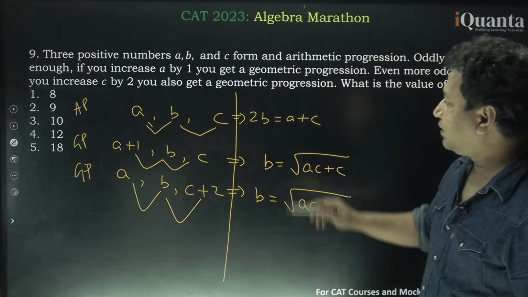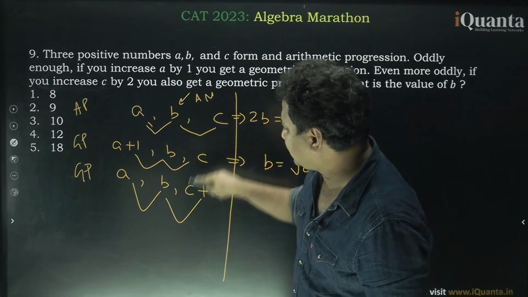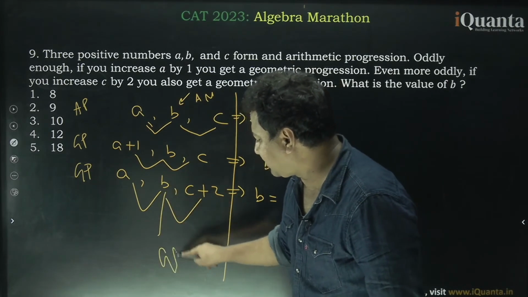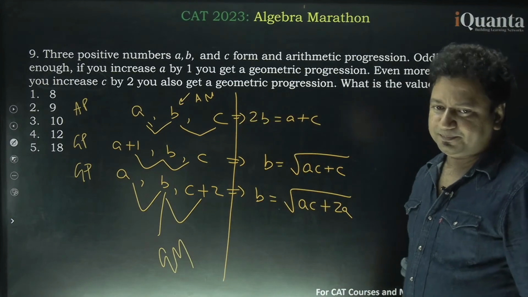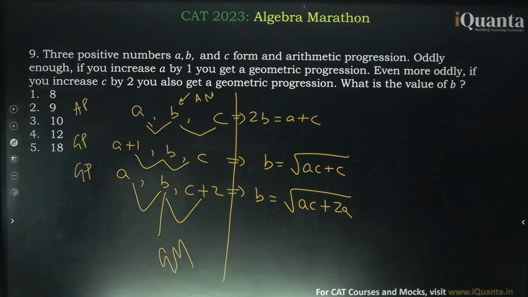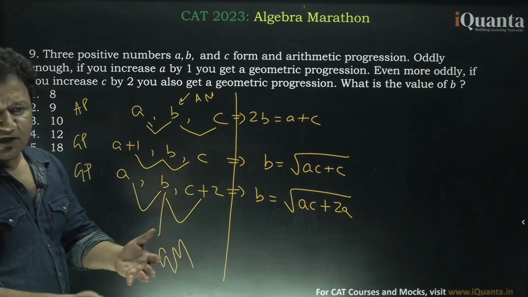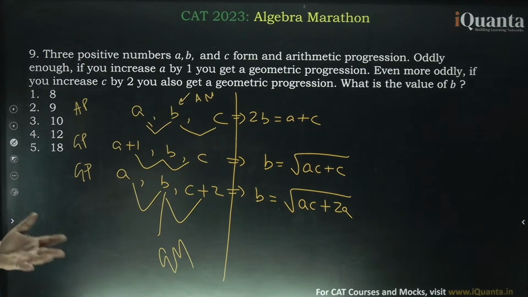So B becomes the arithmetic mean, and in GP, the middle term becomes the geometric mean. Clear? Rule of thumb, the middle term will be the geometric mean. What is geometric mean? Multiply the terms and take the square root. Whatever the number of terms is, take that root. Let's say we have 3 terms, take the third root and so on.